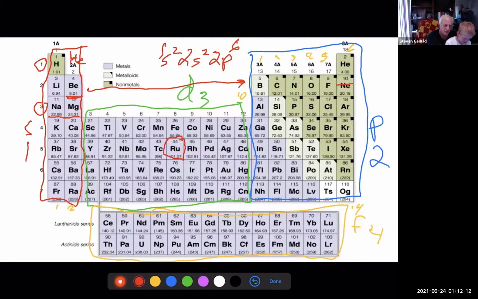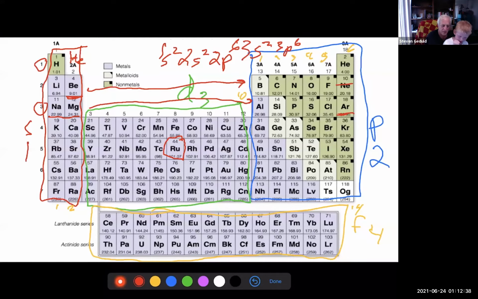Those are our S columns right there, so we have 3S2. We go straight across again, and that's the third column. That's 3 because the column above it was 2s. Next is 3P6, and that got us all the way to argon.